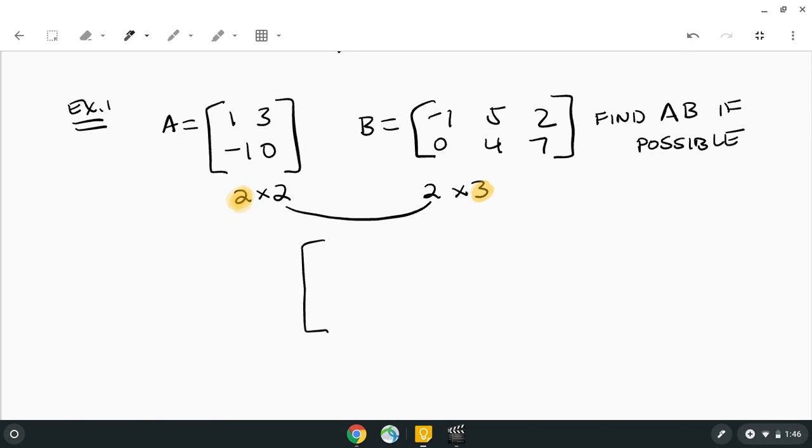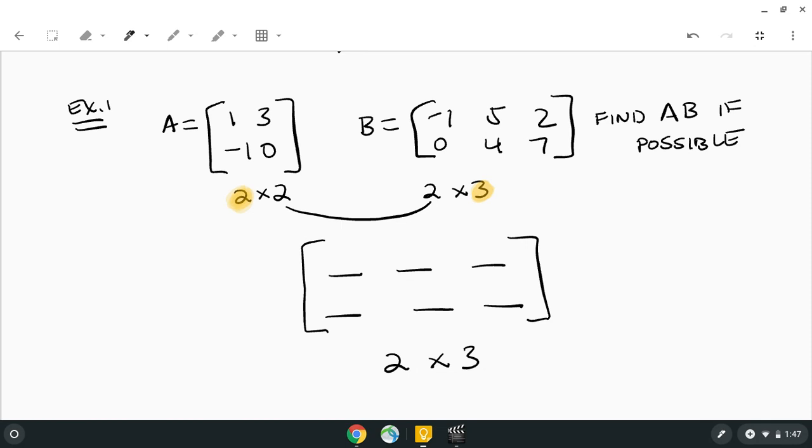So 2 rows, so we'll get an element here, here, here. So the question is, how do we find these elements?